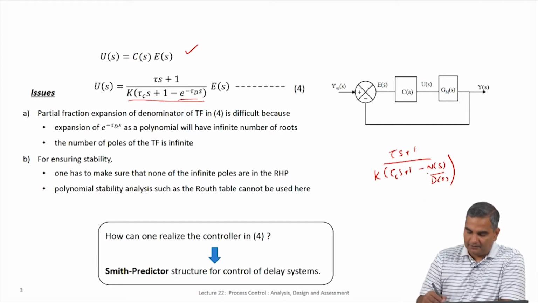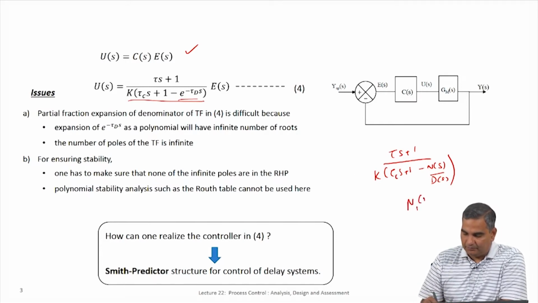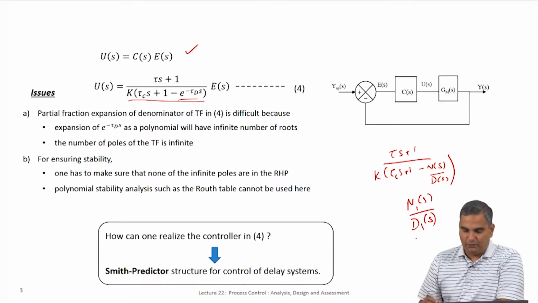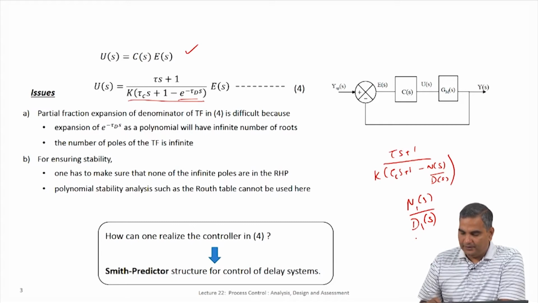Then I can multiply by the denominator polynomial, take it to the top and simplify it. I will get some numerator by denominator polynomial form. Once I get that, the basic ideas are the same.